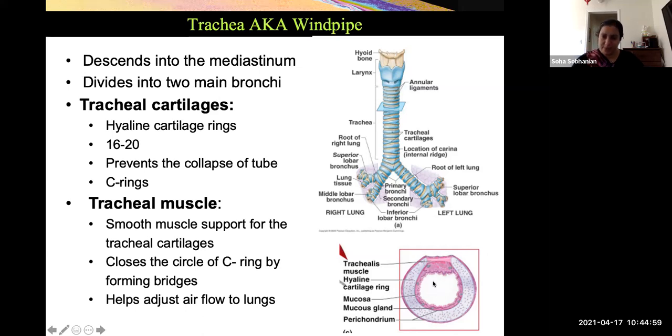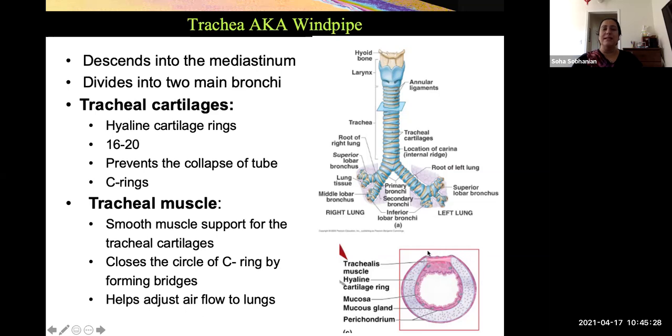The other characteristic that your trachea has is, at the open end of your hyaline cartilage, a muscle that connects the ends of your C together. What you see in pink is called the trachealis muscle, or tracheal muscle. What is the goal of this muscle?